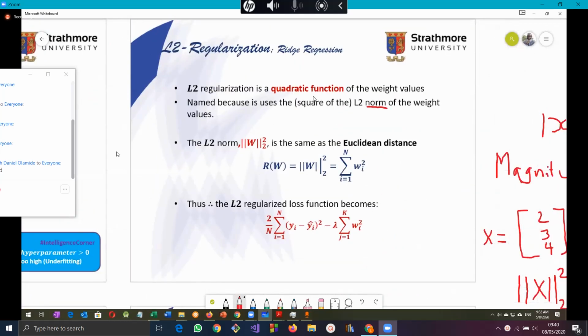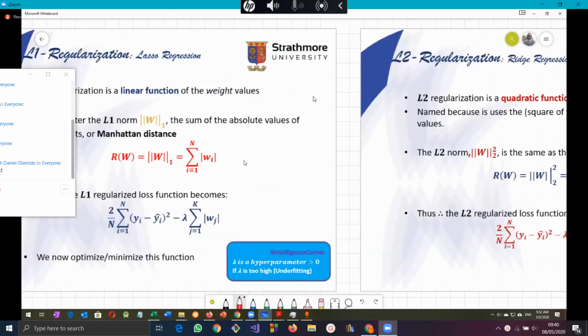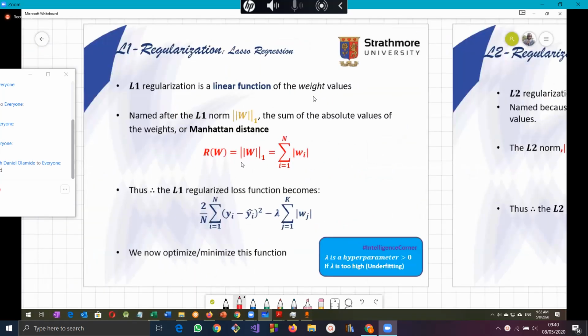So this is what we are just saying, that L1 is drawn from the first norm. L1 regularization is drawn from the first norm. The first norm is always the same as Manhattan distance. If you remember our distances, when we were doing clustering, there was the Euclidean distance, there's the Manhattan distance.